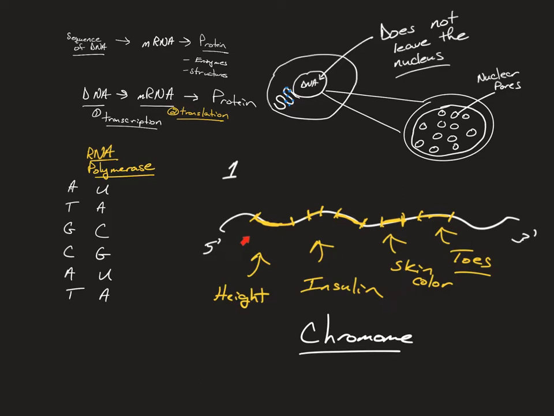Is that clear? If you have the gene for insulin here on chromosome number 1, then in the same species, in the human, you're always going to find the gene for insulin here on chromosome number 1. Is that clear? Yes or no?